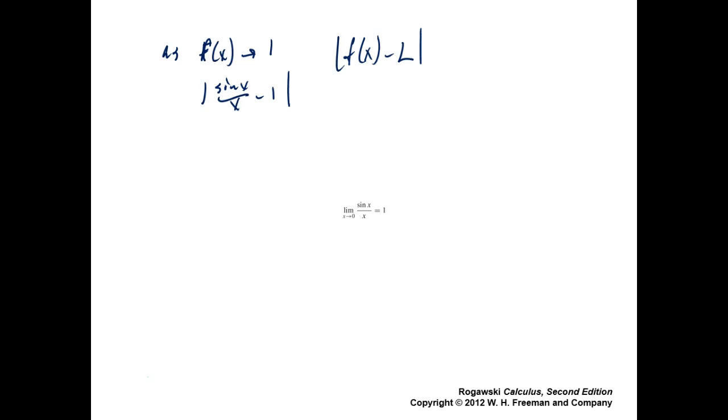So you see your x is going closer to whatever this is. X is approaching 0, this is approaching 1. So as x is closer and closer to 0, f of x is getting closer and closer to 1 in this case. Okay, your limit.